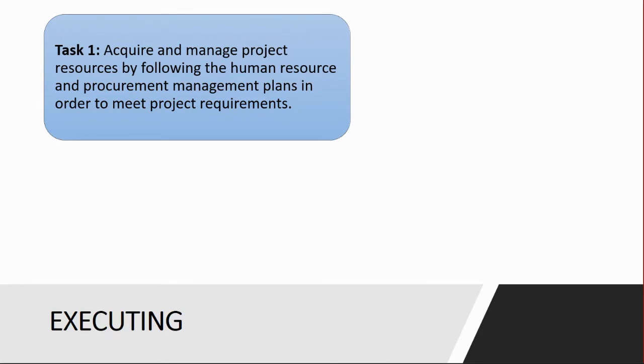So acquire project team or acquire resources, you get the idea. It's really all about you, the project manager, getting these resources, be they internal or external, to work on a project. And then it's about managing those resources, be they human, equipment, or material.